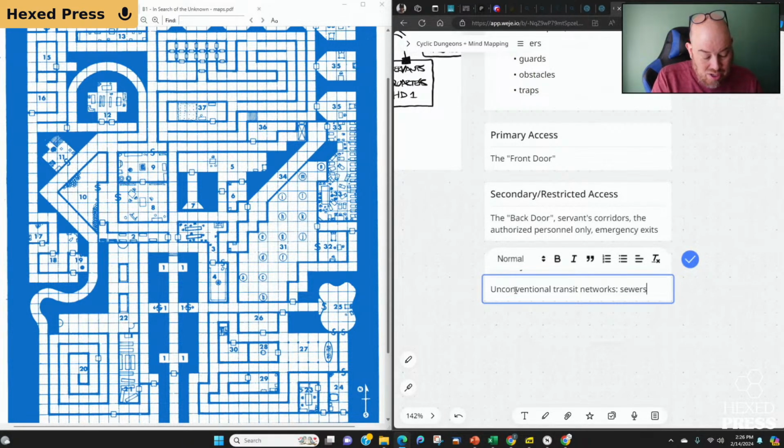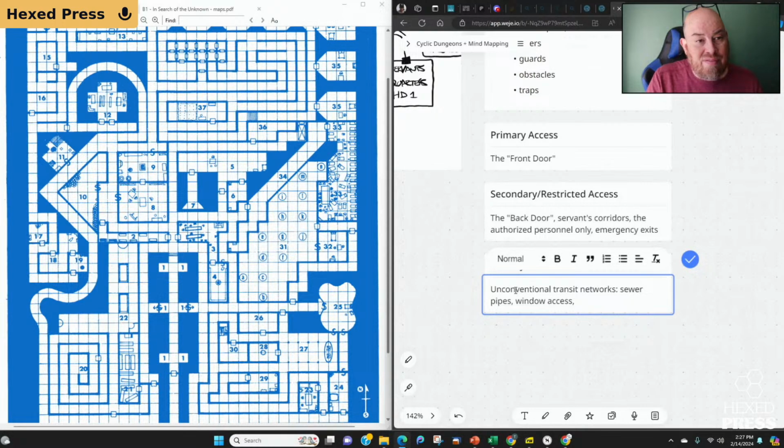This is your sewers, sewer pipes, maybe even window access, through the wall. I don't even know how to put it, but just an unconventional transit network.